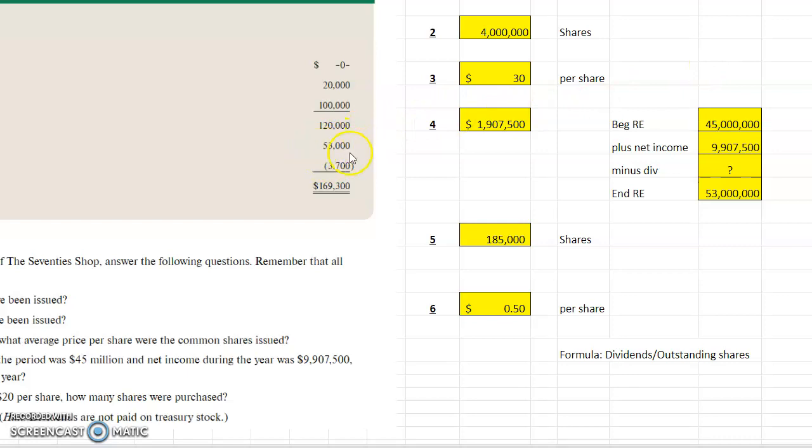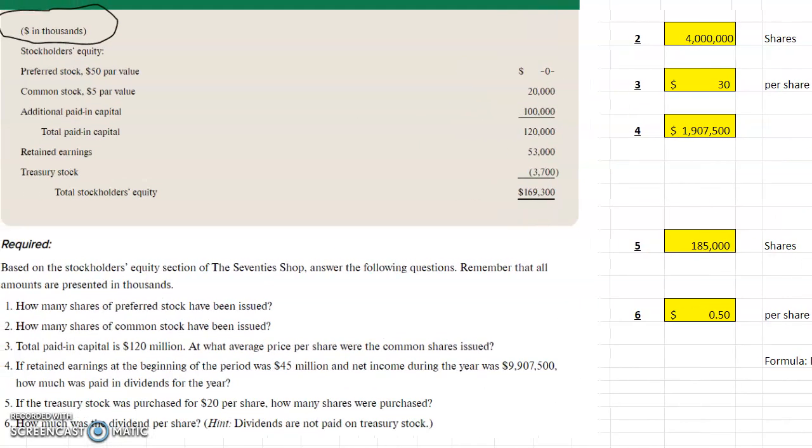Ending retained earnings here is 53 million. So we have to solve for the amount of dividends, right? And the number that we need in here to get to the 53 million is 1,907,500. All right, I'm going to move back over for the last couple of questions.